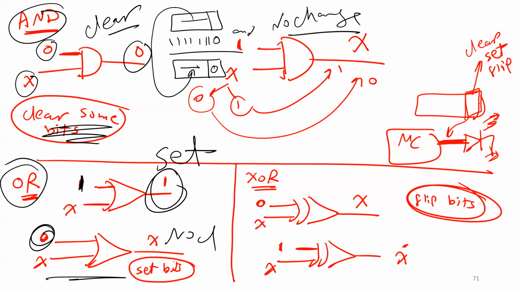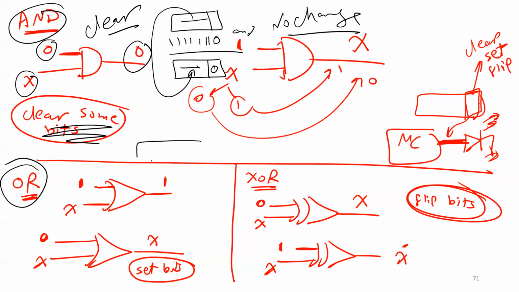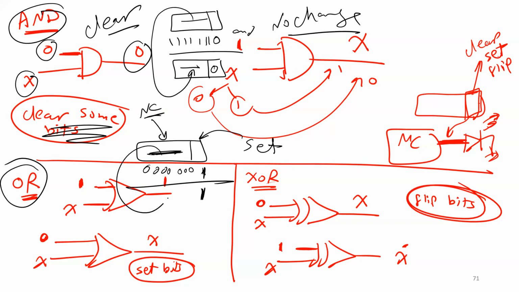That is why, if I have a byte and I want to set this bit, no change here, very easy. All I'm going to do is put zeros here, guys, and then put 1 here. That's it. When you put 1, I'm going to get 1. 0, no change, so whatever is here is going to come to here. So I got the same byte, but this bit I'm going to put 1. Then everything else is the same.